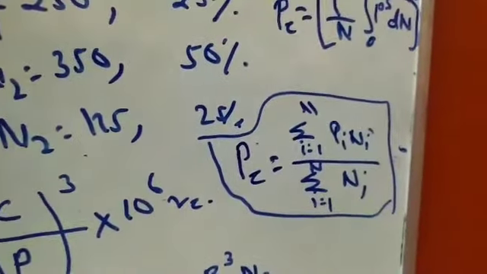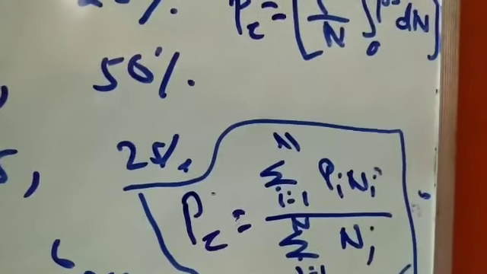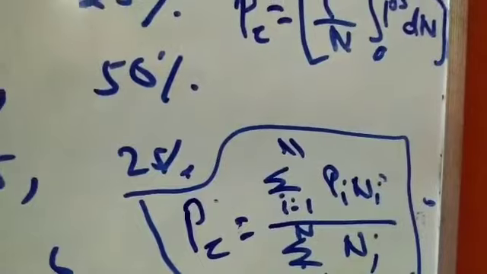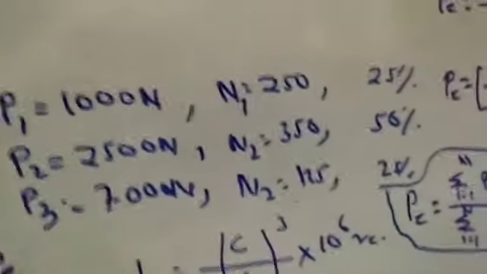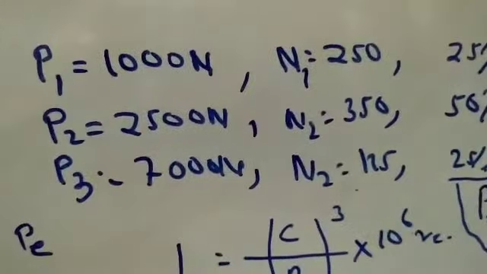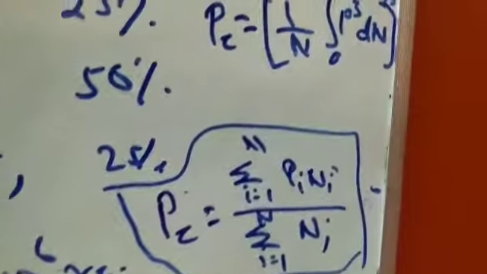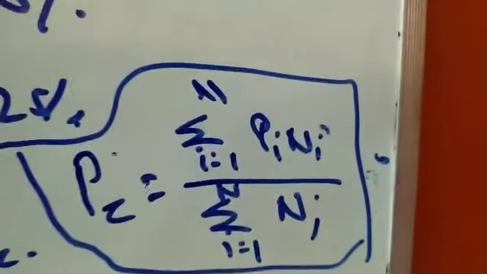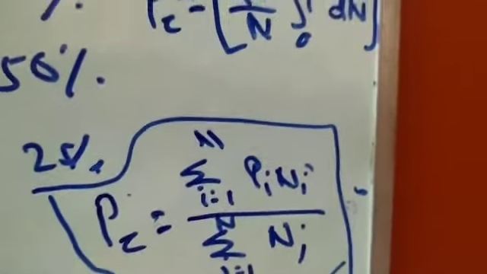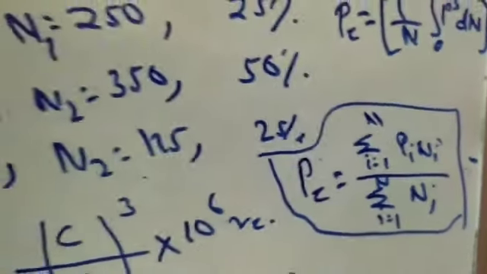So whenever you are given different types of loads, suppose 3 loads, then we have to calculate, and the separate RPMs are given, like for this sort of problem, P1 N1 for 25% of the time, P2 applying for N2 and 50%. So we put in P1 N1 and the percentage of time it applies the load, then secondly P2 N2, and thirdly P3 N3 for the percentage of time, and N1 plus N2 plus N3.